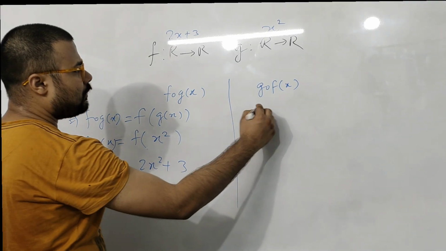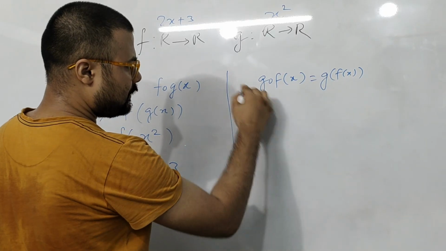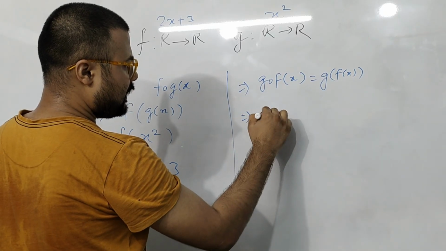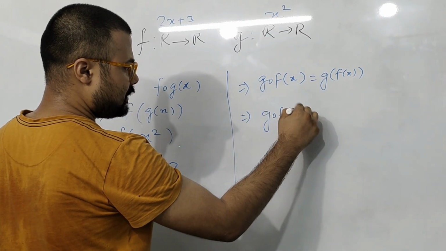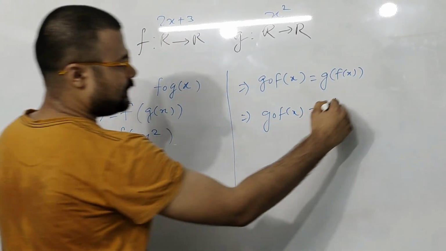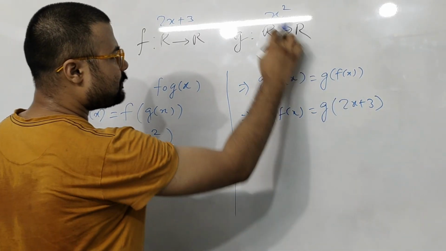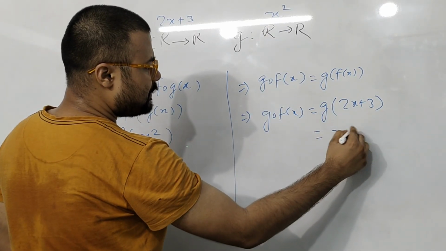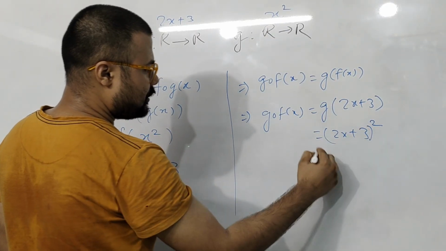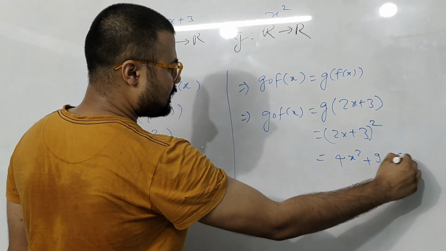Now gof of x is g of f of x, which is g of 2x plus 3, which means 2x plus 3 whole square, equal to 4x square plus 9 plus 6x.